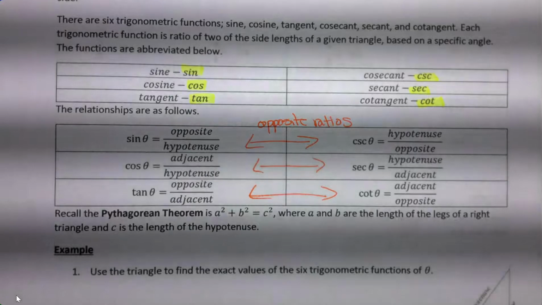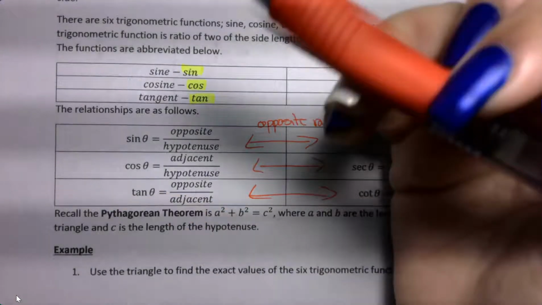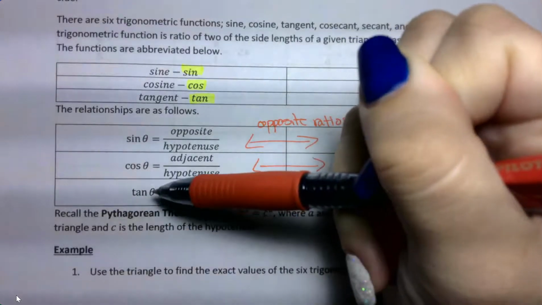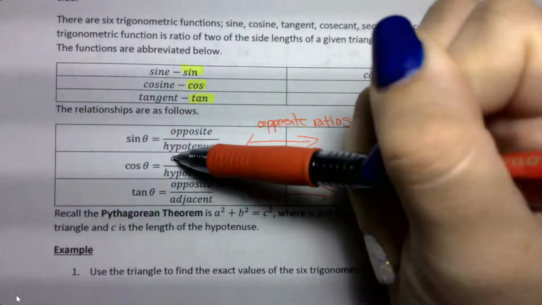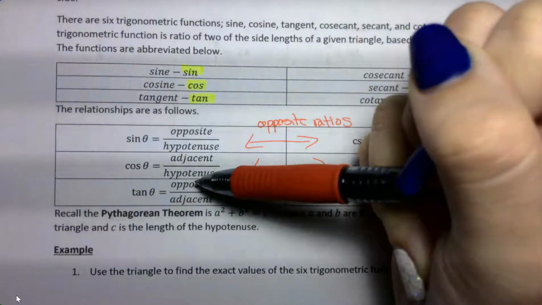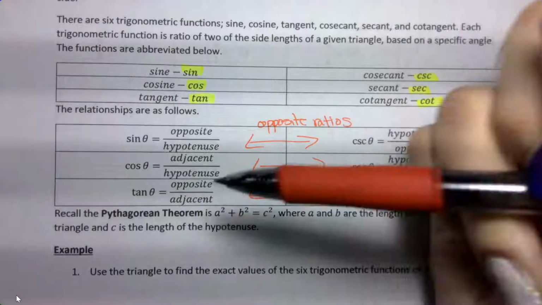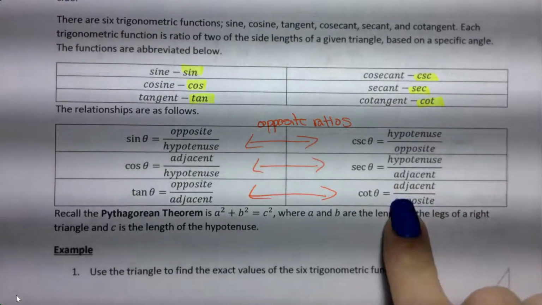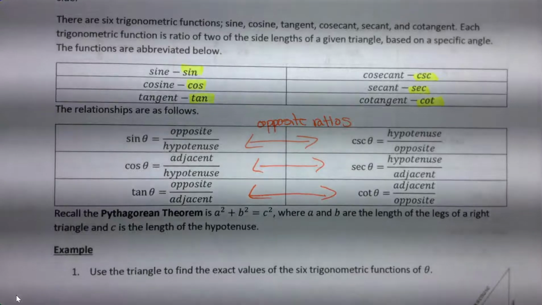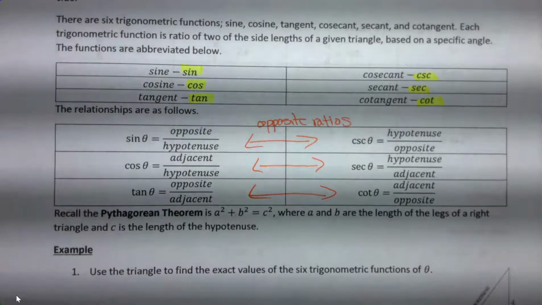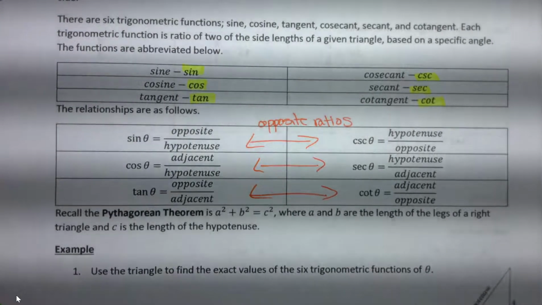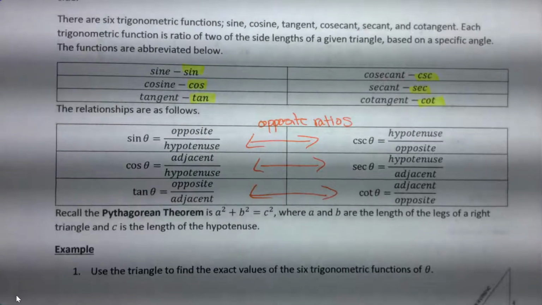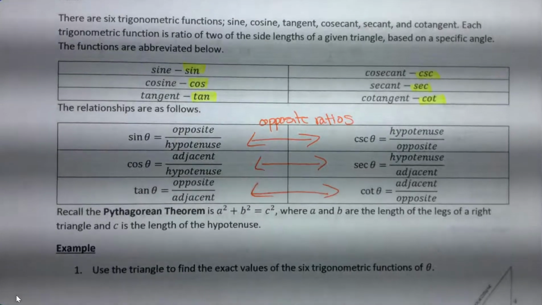For the quiz and the test, you will need to know what these abbreviations represent. So that sine is opposite over hypotenuse, cosine is adjacent over hypotenuse, tangent is opposite over adjacent. And then you will need to remember the reciprocal functions. So these three are flipping those fractions. You might have learned in geometry a mnemonic to help you remember the 6 trig functions.